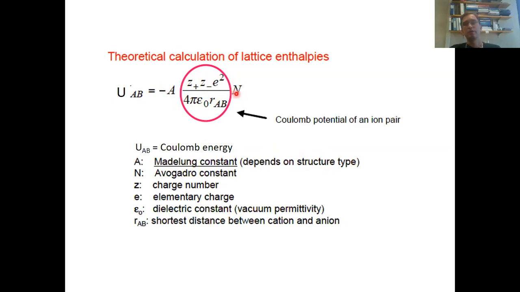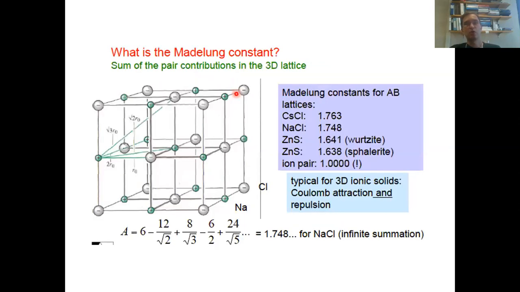All right, so now this is still oversimplistic because we neglect the fact that there are also repulsions between ions. If that wasn't so, then the distance between a cation and an anion in a crystal would be infinitely small. But there is an equilibrium distance between the cation and the anion.